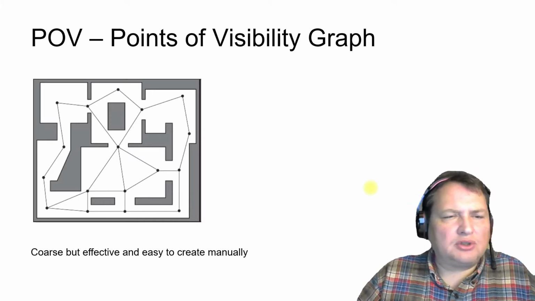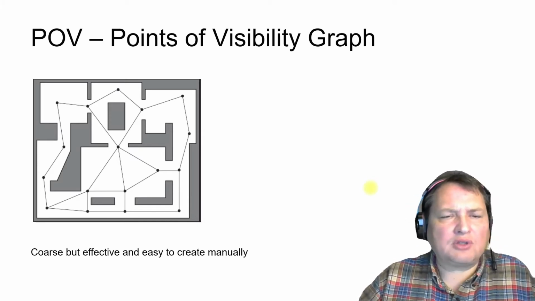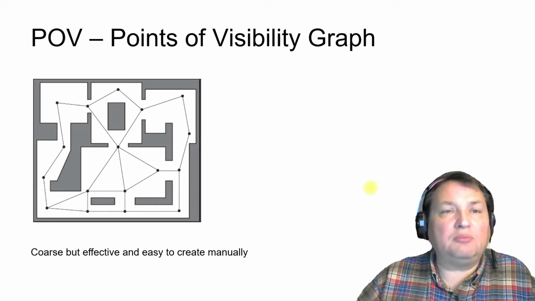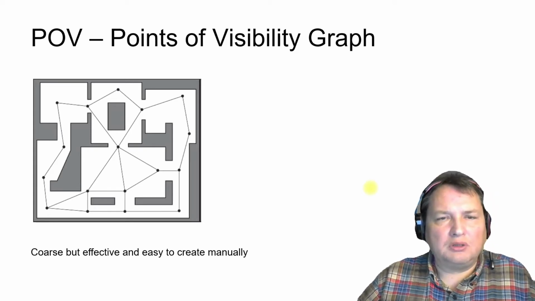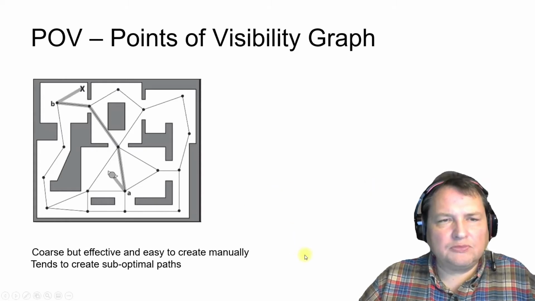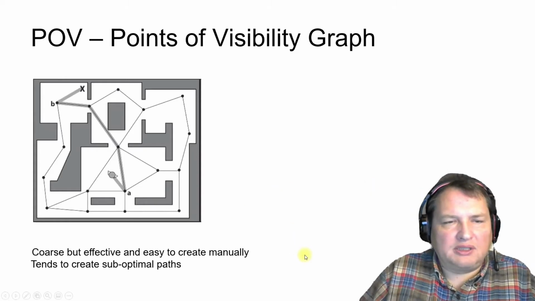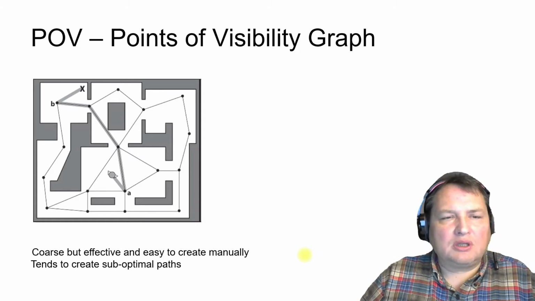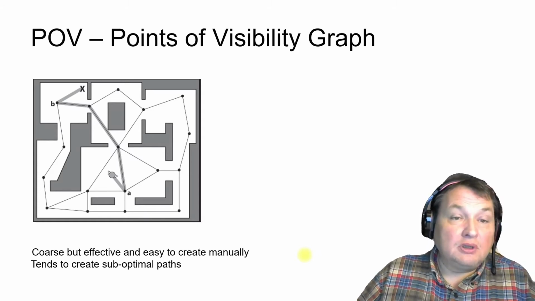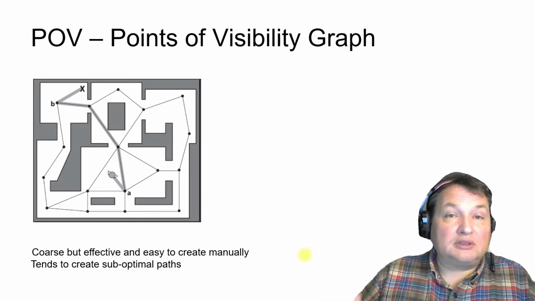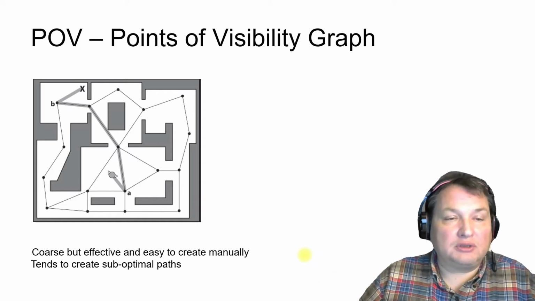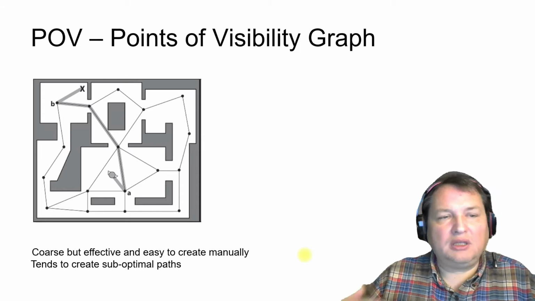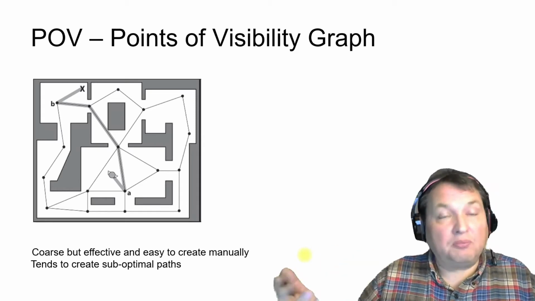This creates a quite coarse but effective and, first of all, easy to create, even manually, representation of your level, but it has some weaknesses. You probably noticed that the path created by this algorithm is far from ideal. So we say it tends to create suboptimal paths.